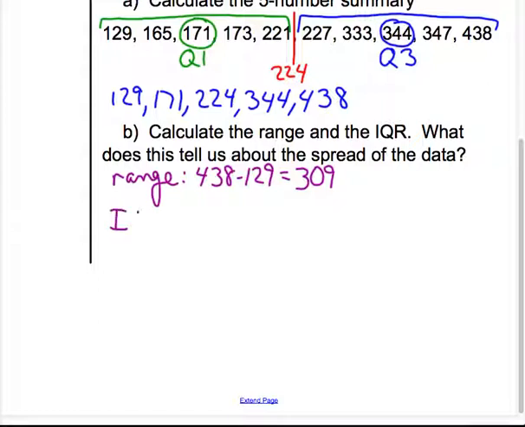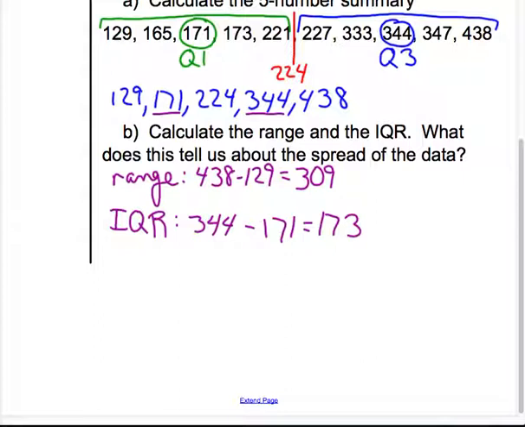The interquartile range would be the 3rd quartile minus the 1st quartile, and we would have an interquartile range of 173. So that would be the middle half of the data.